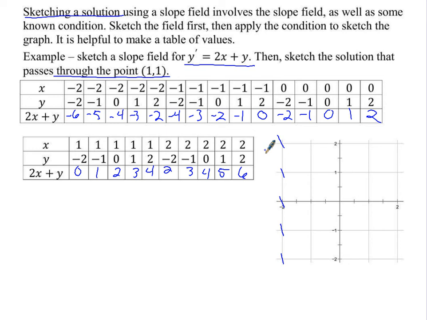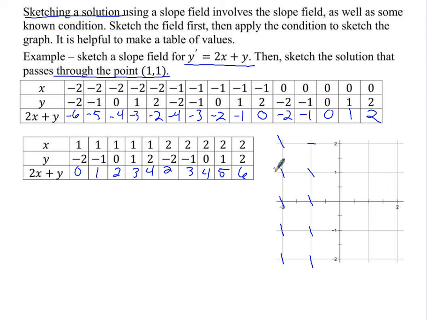For the next one, we have negative 1, negative 2, which is down here, a slope of negative 4, which actually fits. We can go all the way up here and get that on there. And then there, and like that, and then slope of negative 1, and then a slope of 0.